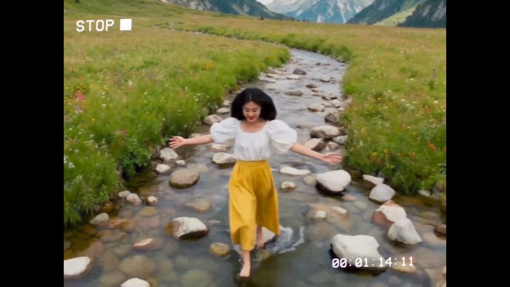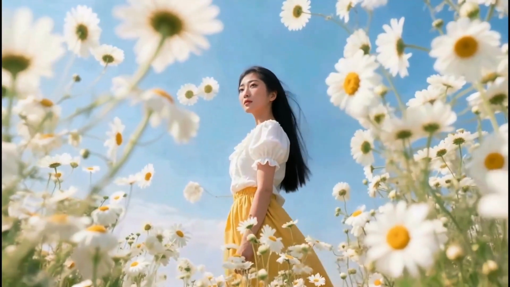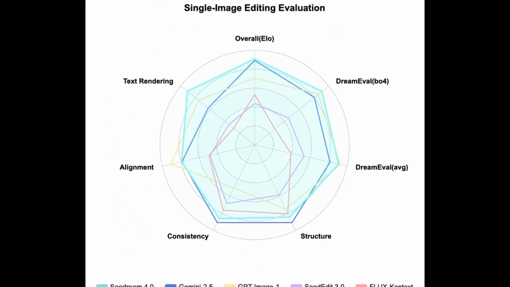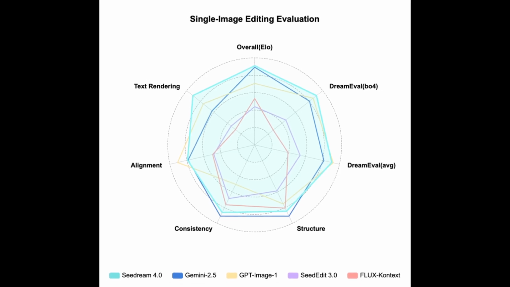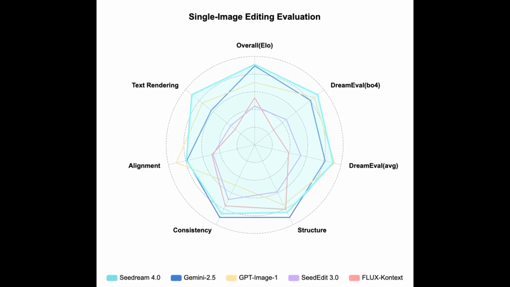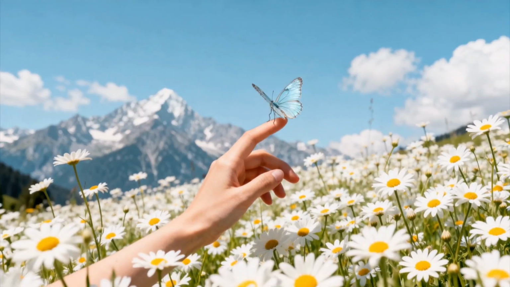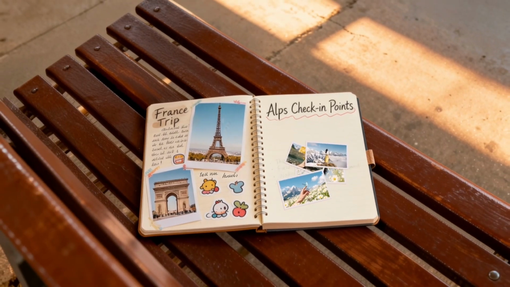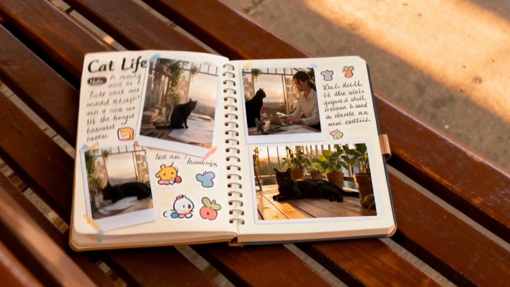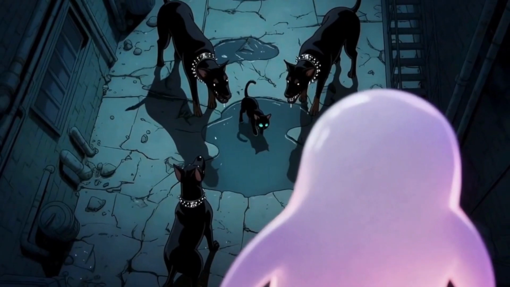But when it comes to single image editing evaluation, it's actually beating out ChatGPT in almost every area besides alignment. So that means in text rendering, structure, consistency, it's beating it out. Let alone Gemini 2.5, which just came out, which I think they're referring to Nano Banana here, but it's not explicitly said.